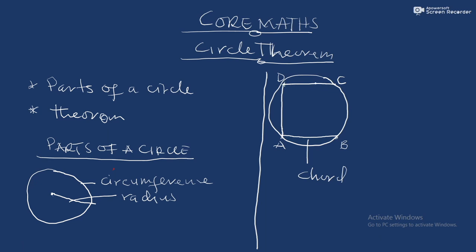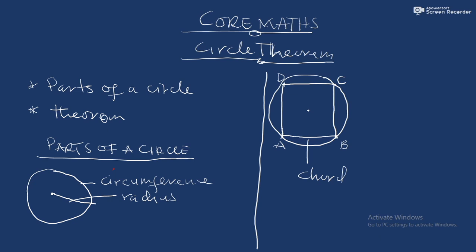You can also have from here to here, so BC is also a chord, because it is a line within a circle and it touches the circumference at 2 points.